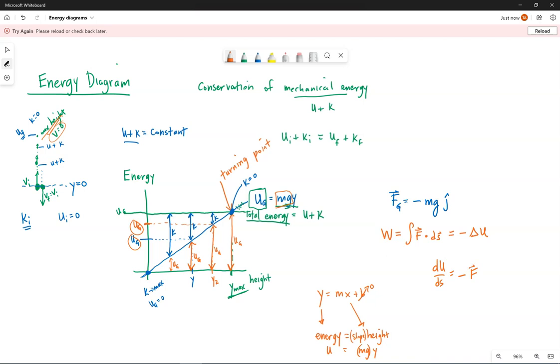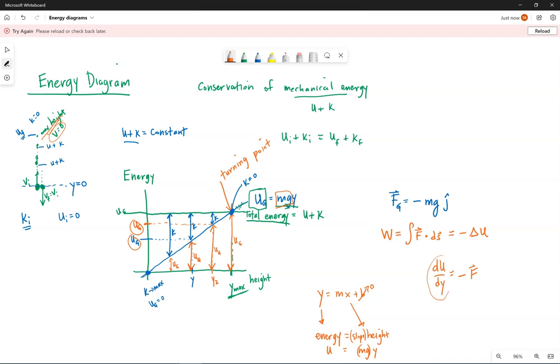Now, in terms of gravity, we know gravity only causes a speed up or slow down when the object moves vertically. So we would technically say this ds is really dy, because the object needs to be moving vertically.